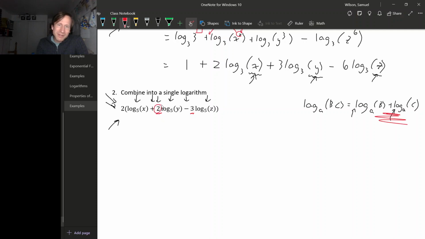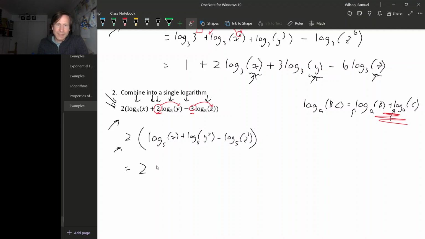Well, remember, we can put them inside the logarithms in an exponent. So this is 2 times. This 2 outside, we could distribute it through this sum, but we might as well leave it all the way out here. Okay, so putting these coefficients inside our logarithms, we get log base 5 of x plus log base 5 of y squared minus log base 5 of z cubed.